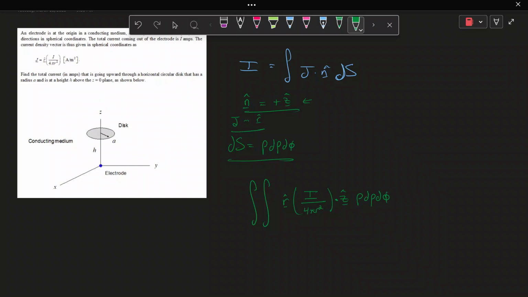Now, what is rho being integrated across or about? Rho will be integrated from 0 to a. What about phi? Phi will be from 0 to 2 pi.